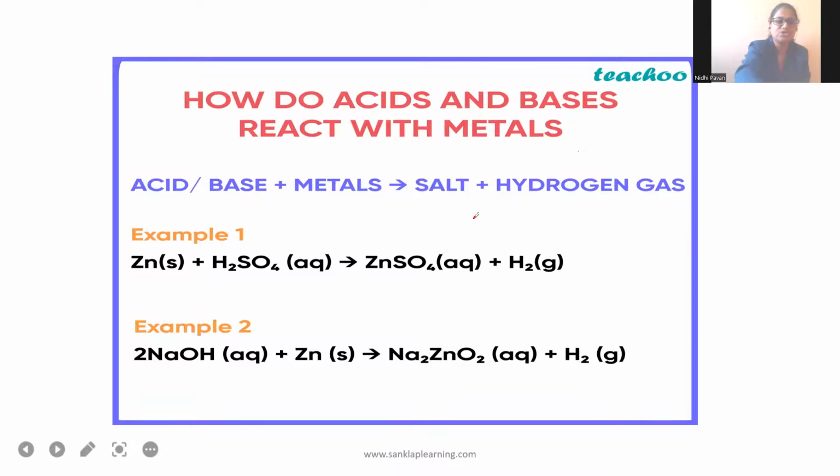As you can see in the general reaction, when acid or base reacts with a metal, the products formed are salt and hydrogen gas. Now you can ask how we will know it is hydrogen gas. Salt is formed which will be soluble in the solution, you can't see it. But hydrogen gas, how will we say it is hydrogen gas only? It is by a pop sound. When we do the experiment, we will get a pop sound.